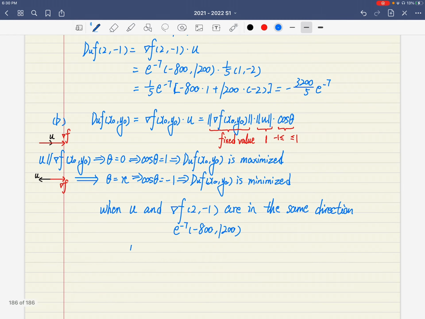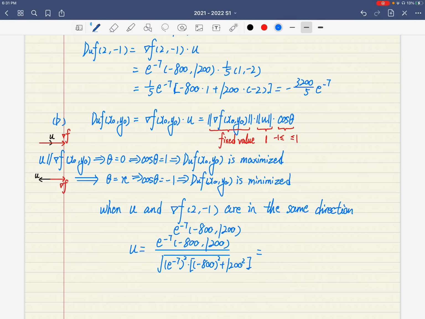Remember, u is a unit vector, so all you need to do is use the vector divided by its length, so divided by the square root of e to the power -7 squared times (-800 squared plus 1200 squared). You can just do this.